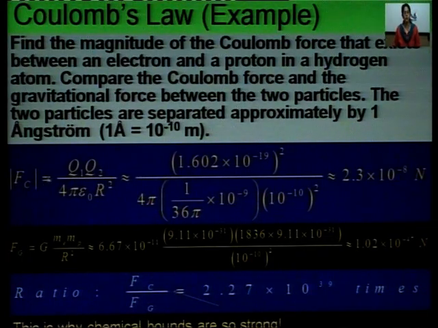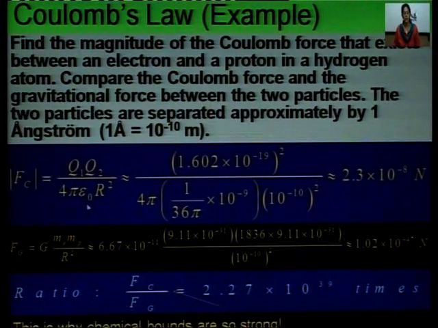So using the formula q1 q2 upon 4 pi epsilon naught r square, we substitute the values of q1 and q2. The magnitude is the same but the sign is opposite for both. So 1.6 into 10 power minus 19 squared, this is the magnitude of Q1 and Q2.